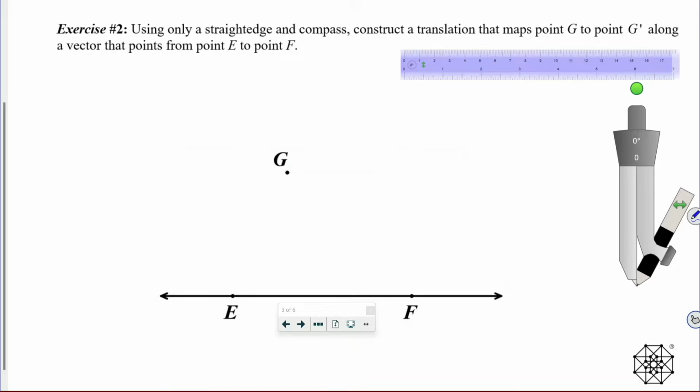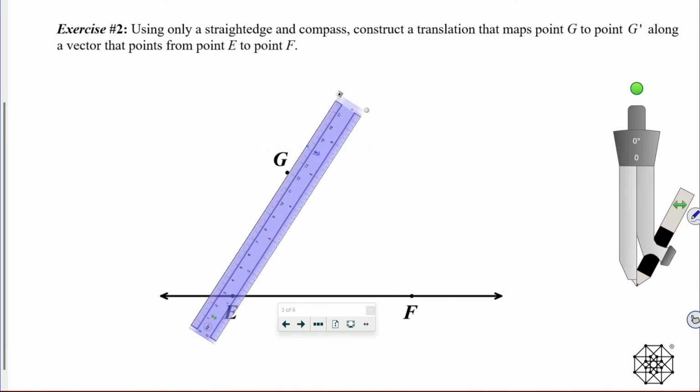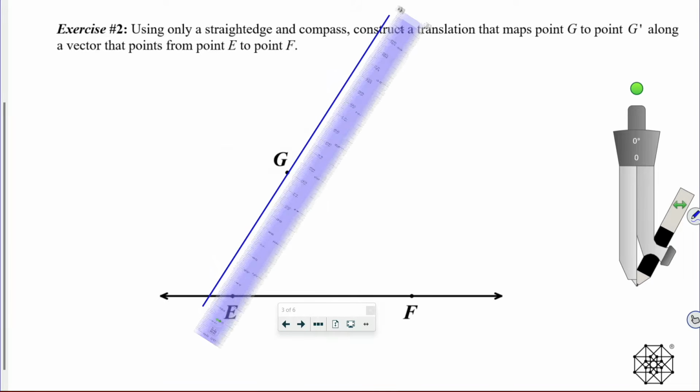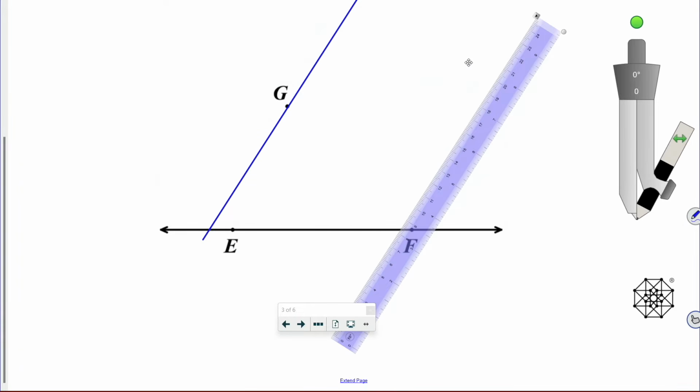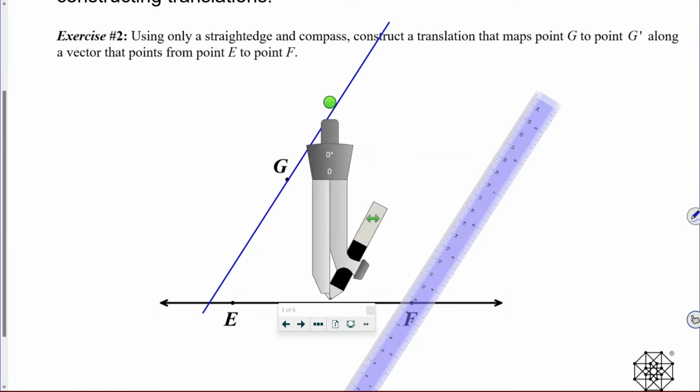Simple enough. The first thing I'm going to do is draw a line through G that intersects the line that I want to be parallel to. Okay, move that out. I now want to copy that angle. You're probably getting tired of hearing about this construction.